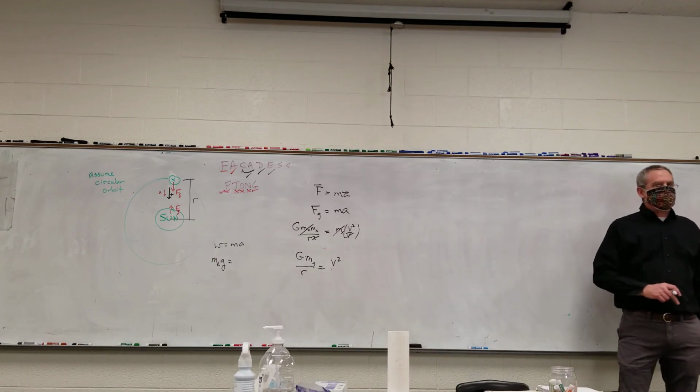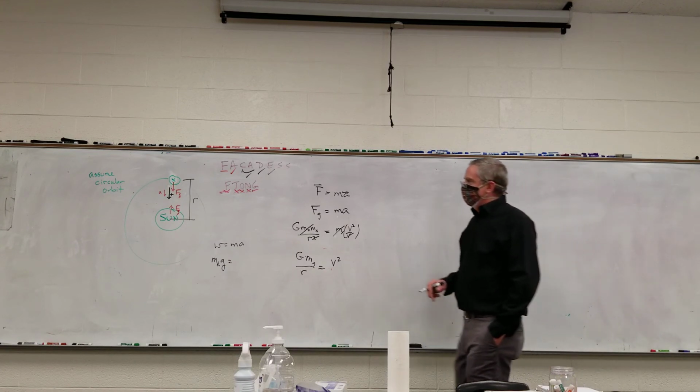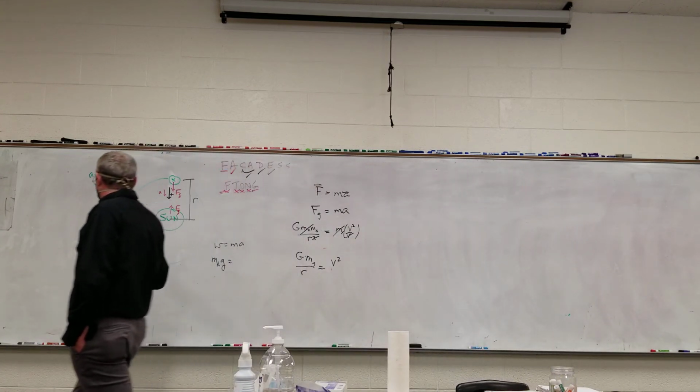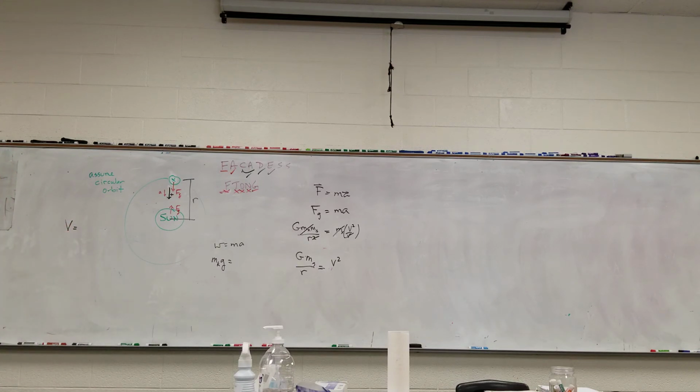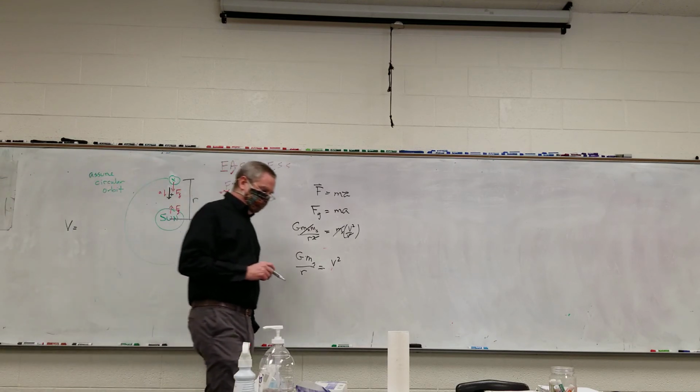I'm going to take this one step further, just as we explore it. v is the speed of the Earth. It is not the velocity, because velocity has direction, and I don't care about that right now. What's the formula for speed?